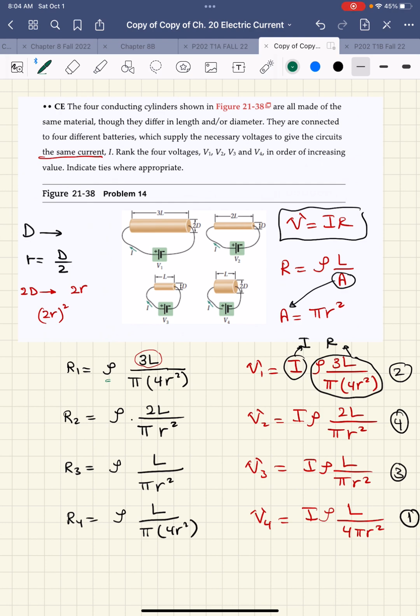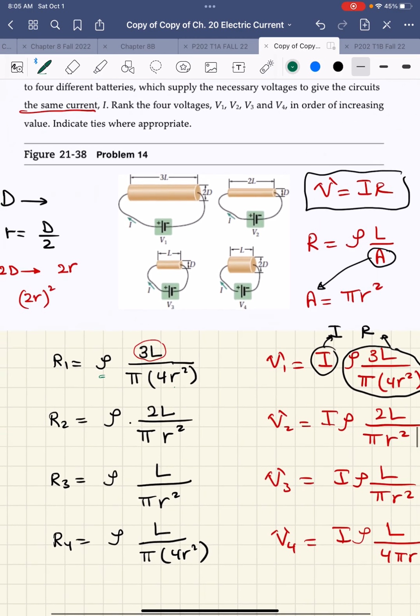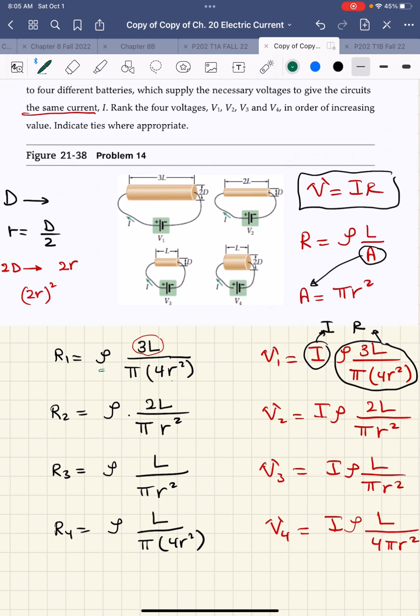Now for V2, we have R2, which has the same rho because it's the same material, 2L divided by pi times the diameter, which is just r squared.